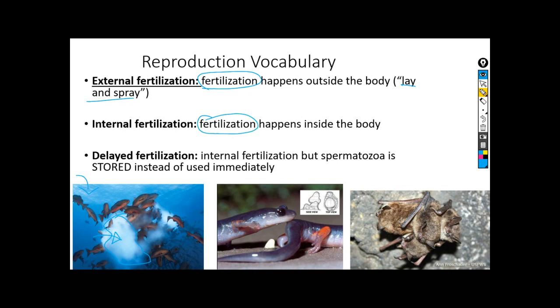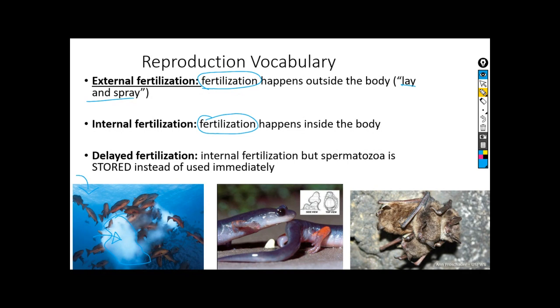Now, most of the time, our mammal bias is going to assume with internal fertilization that there's direct deposit. We might think of the mammal version of this where we're using some kind of intromittent organ. We might think about a shark version of this, which we'll get to see, where you can clasp on and line up cloacas and make this happen. But it's not always necessarily like that.